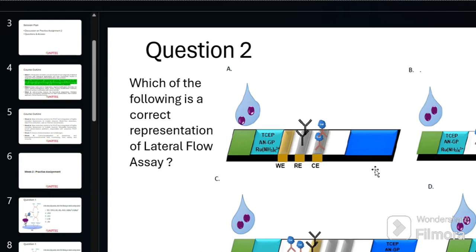In the fourth option, we again have the sample pad. Then we have the labeling elements. Then we have the primary labeling and secondary labeling antibodies on the working electrode, the primary identification antibodies on the reference electrode, and the blank counter electrode. So any guesses?